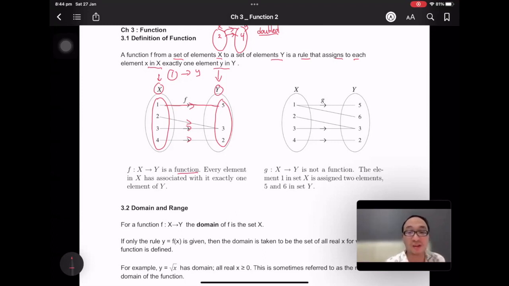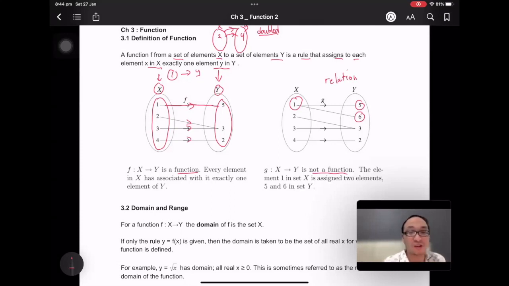But on the second diagram, we see that 1 in element x has 2 pairs in y. So this is not a function. This is only a relation.